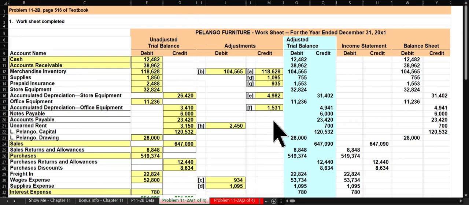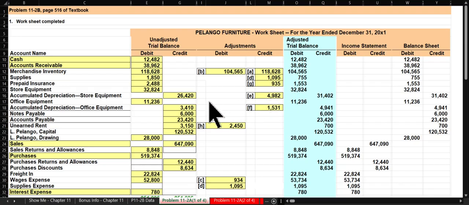So here you will notice that for the accumulated depreciation for the store equipment, we originally had $26,000 already depreciated. So this asset is close to the end of its useful life and most likely will need to be replaced.